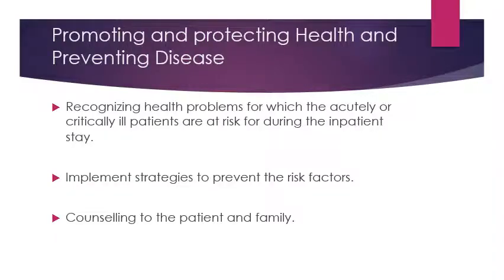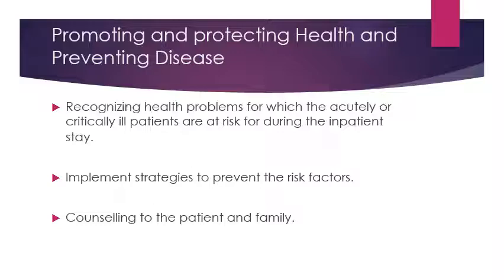Okay, the second category, promoting and protecting health and preventing disease, is recognizing health problems for which the acutely or critically ill patients are at risk for during the inpatient stay. So the nurse practitioner recognizes the health problems and all the risk factors that the patient may have or may acquire during the inpatient stay.